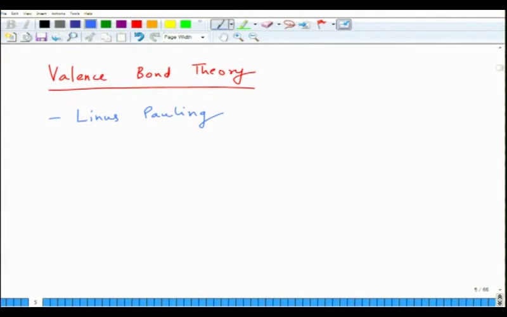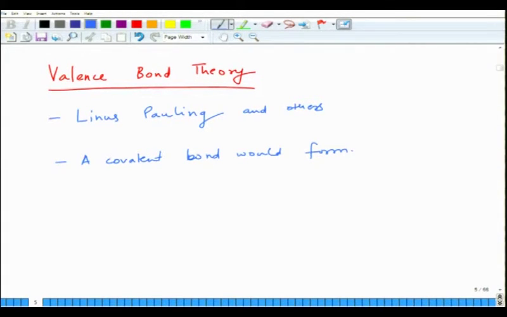So Linus Pauling and others said that a covalent bond would form when the orbitals on the atoms interact with each other. Okay. This will depend upon how the orbitals align with each other.